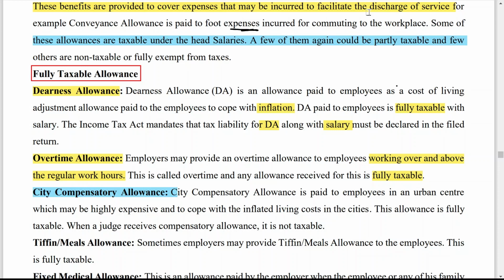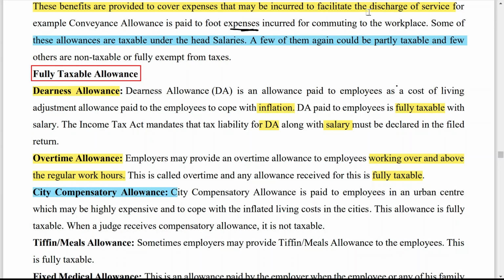So to cope up with this situation, employers provide city compensatory allowance to compensate the living standard of a particular city.